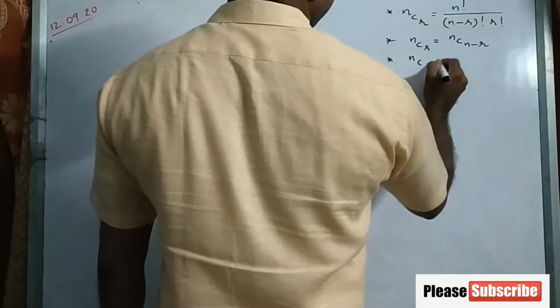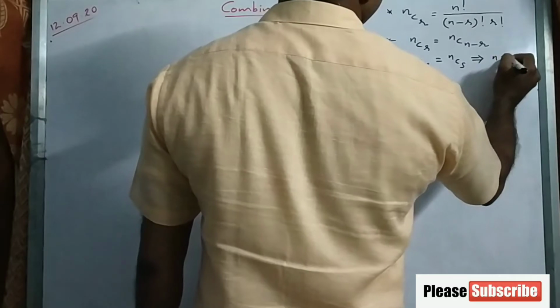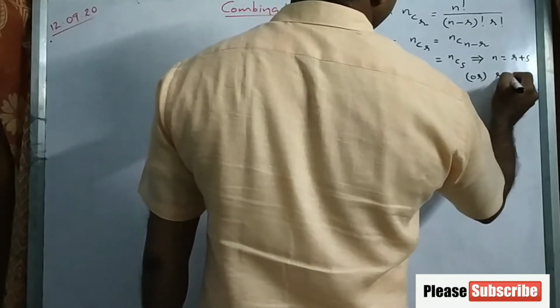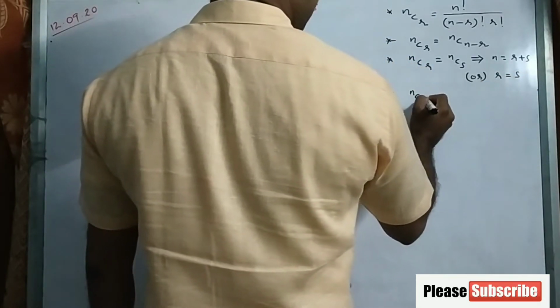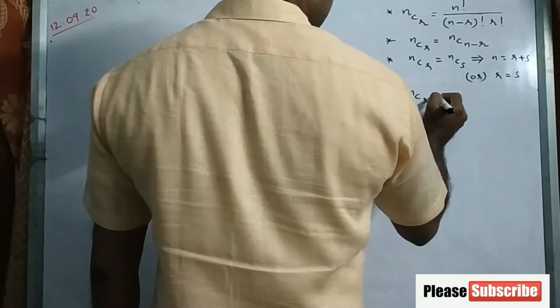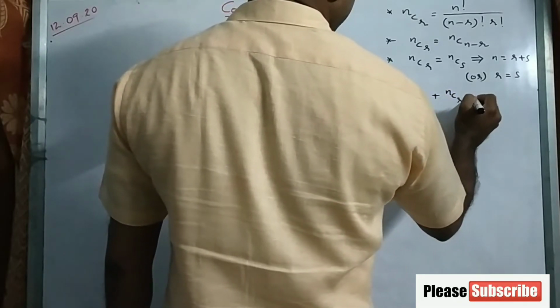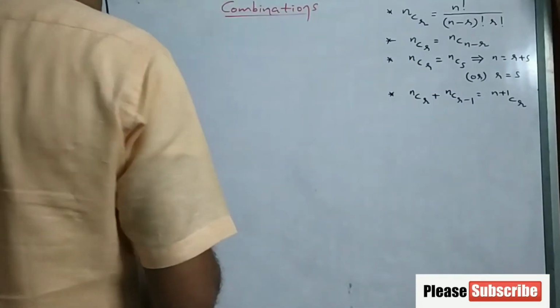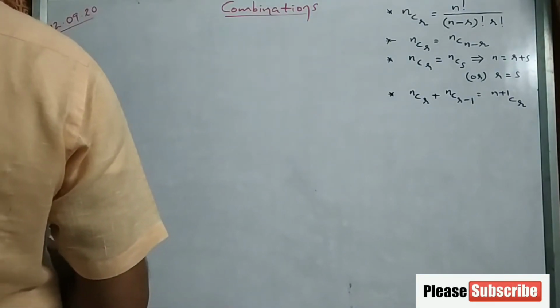If nCr equals nCs, then n equals r plus s or r equals s, and the main formula nCr plus nC(r minus 1) equals (n plus 1)Cr. These are the main formulae we have seen earlier.